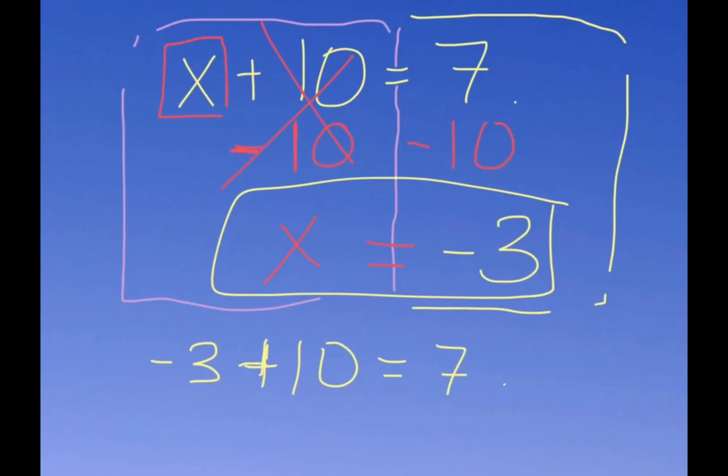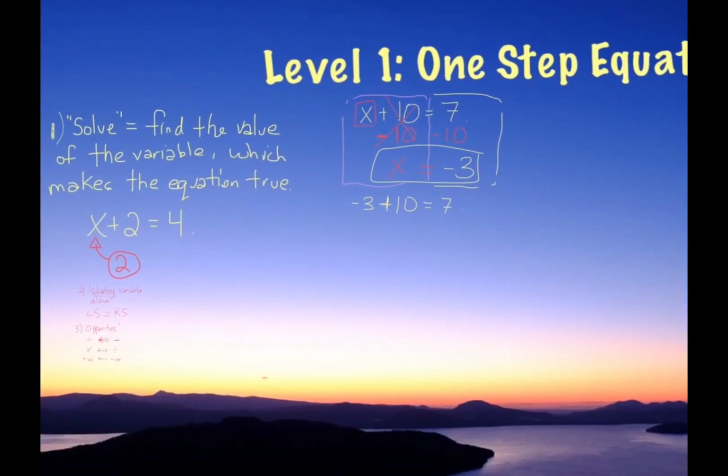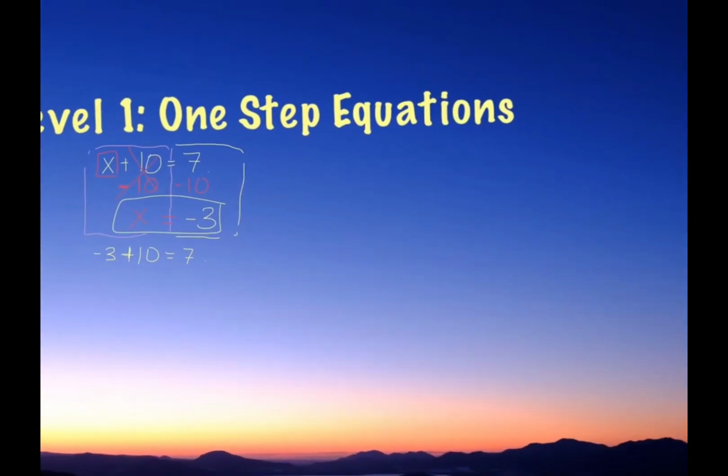Okay, next let's try one that involves some subtraction. How about x minus 6 equals negative 11? Our variable x has a minus 6 next to it, so the opposite of that would be to add 6.